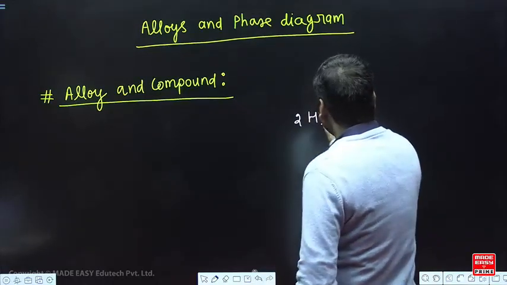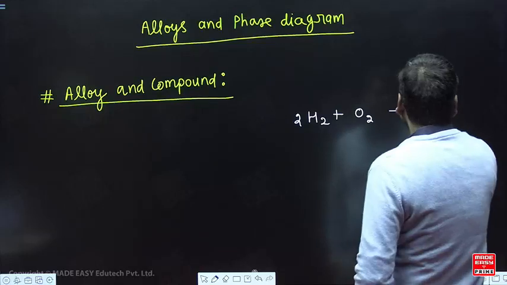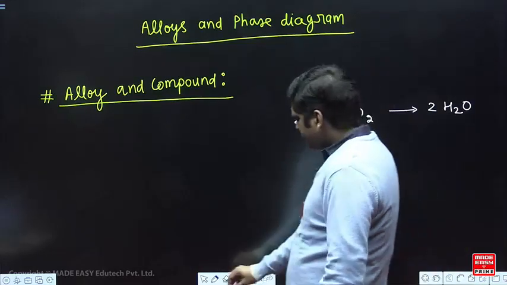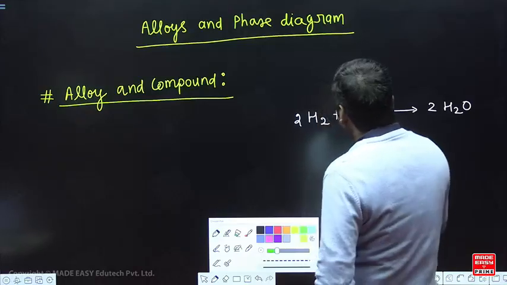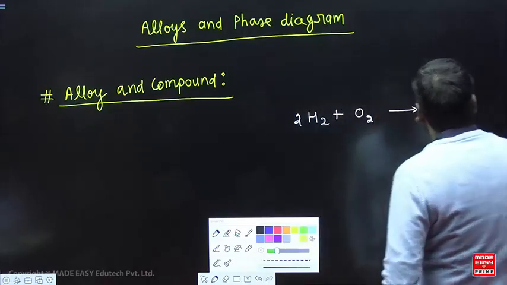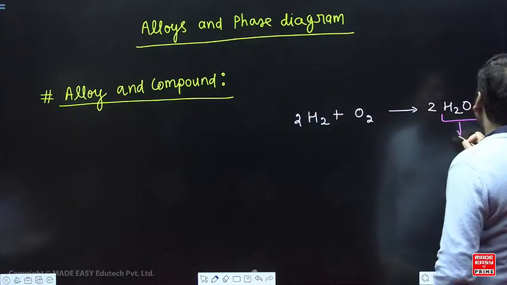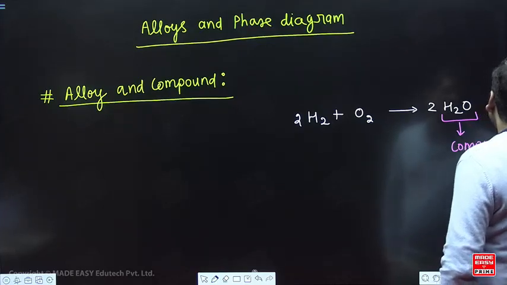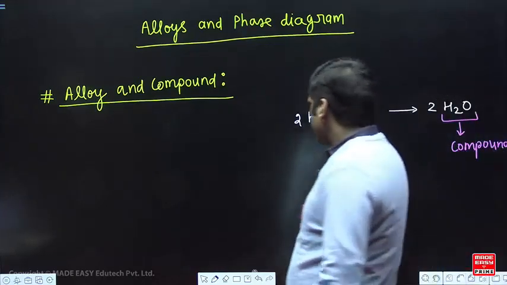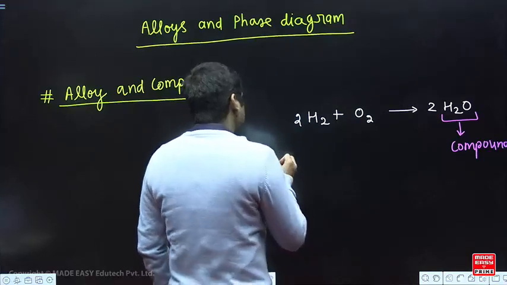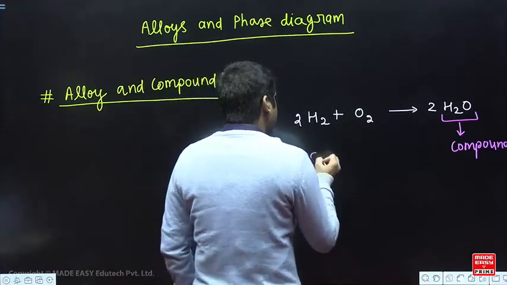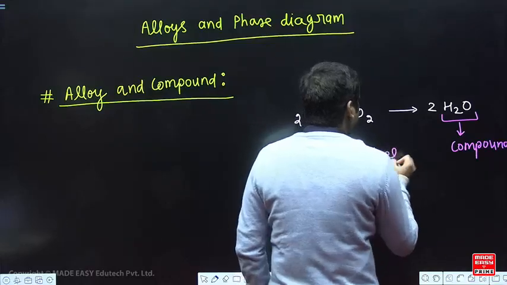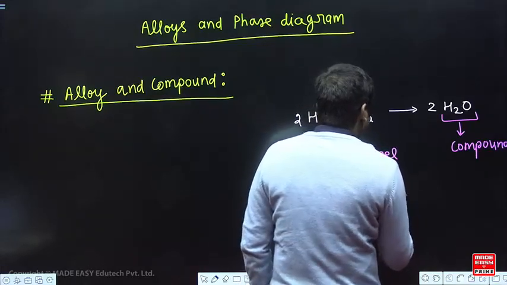If they are mixed in appropriate proportion, they will make H2O. These are different elements, one is hydrogen, the other is oxygen, and this is a compound. But when we mix carbon and iron, it makes steel and it is an alloy.